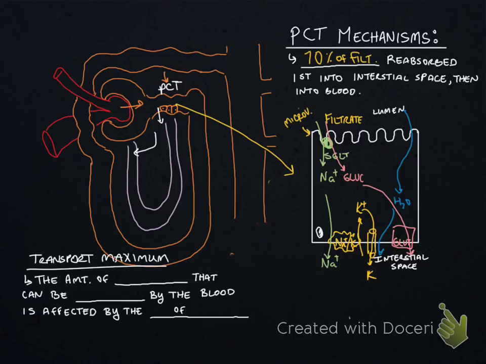The reason I'm showing you this is that we have to have transporters to move solutes out of the filtrate. And that leads us to the next thing called the transport maximum, which is the amount of particles or solutes that can be reabsorbed by the blood is affected by the number of transporters.